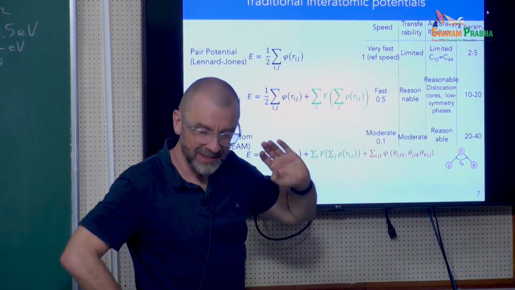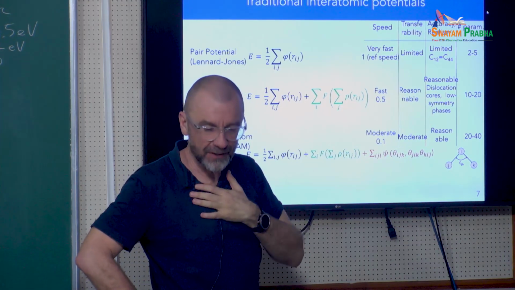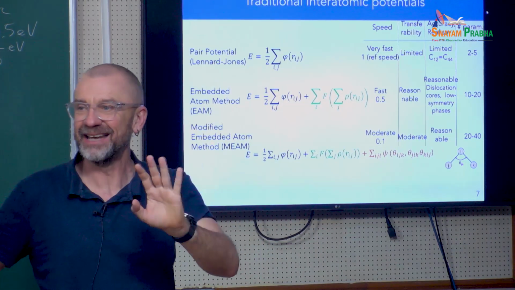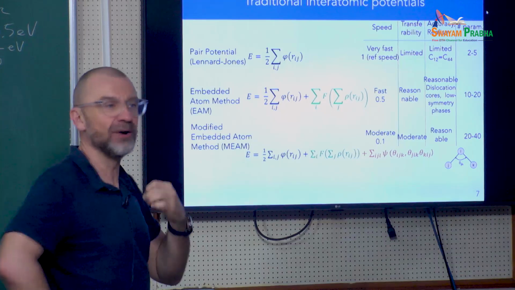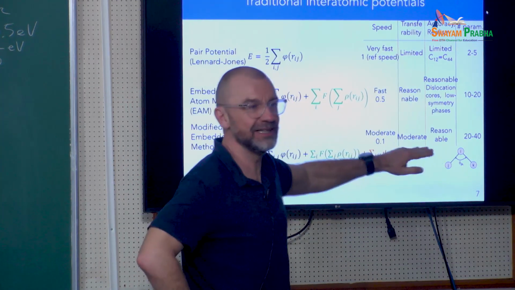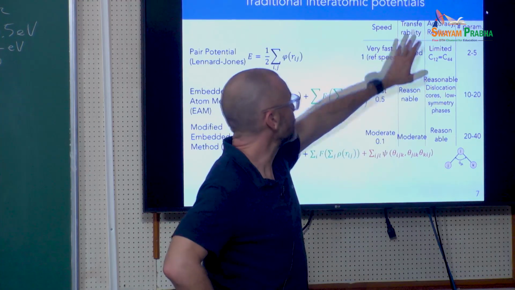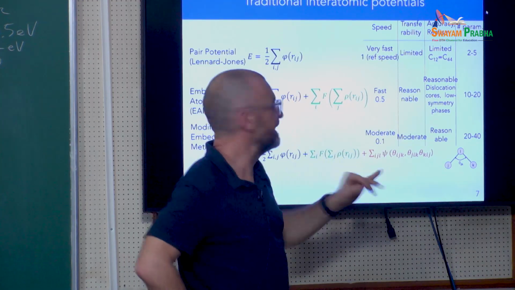Okay, I will be a bit nasty about MEAM. For me, in my experience, maybe I'm wrong and maybe you will disagree, and I will respect that, I've never found much progress using MEAM compared to EAM. The transferability is a bit better, but not that much better.